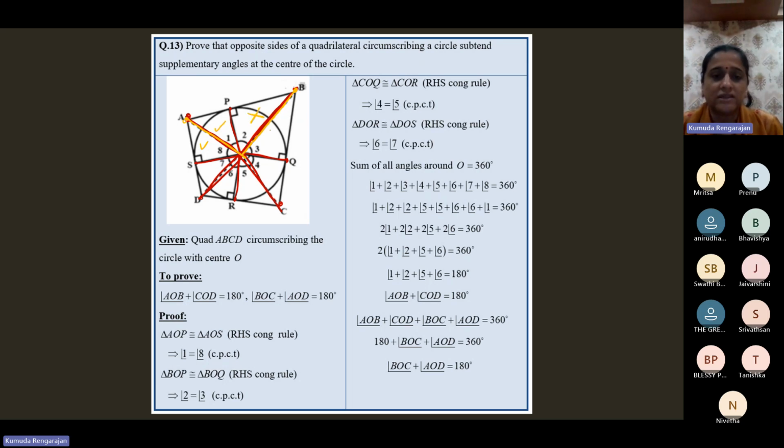These are the 2 triangles on either side of BO. Show that they are congruent. Next, C. CO is the line segment joining the external point to the center. And these are the 2 triangles on either side of CO. Show that they are congruent. And this one and this one, on either side of DO.